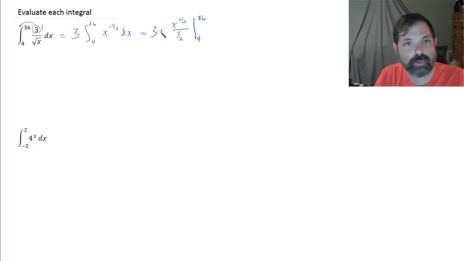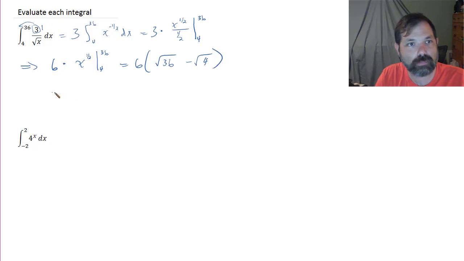All right, so 3 divided by 1/2, that's the same as 6 times x to the 1/2 from 4 to 36. All right, so the 1/2 power is the same as the square root. So that's 6 times the square root of 36 minus the square root of 4. And so then that's 6 times 6 minus 2. 6 times 4 is 24.